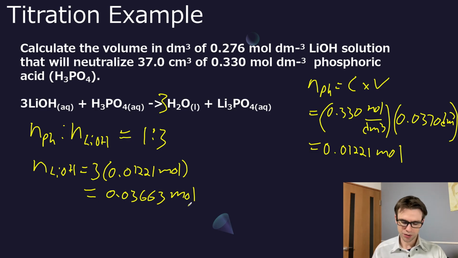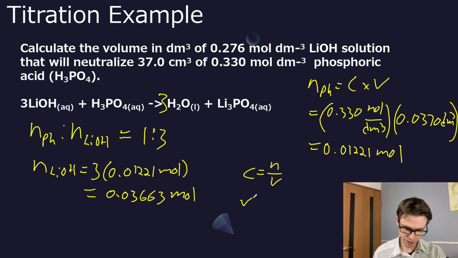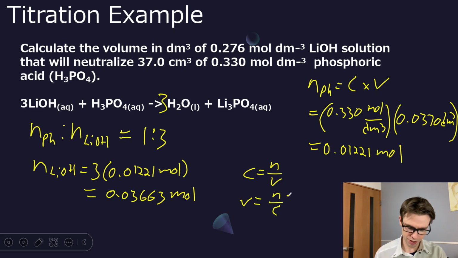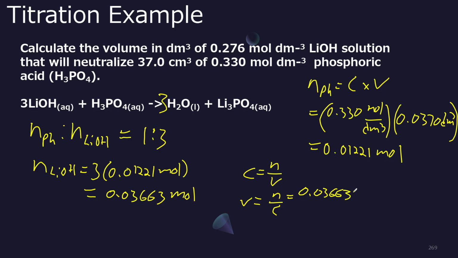And we know the concentration of this LiOH solution, so you can then find a volume. Remember, C always equals n over V, so V equals n over C. You can switch the places of C and V there through a rearrangement. We'll put in the moles of LiOH, 0.03663, divided by the concentration we were given in the question, 0.276 mole per decimeter cubed.